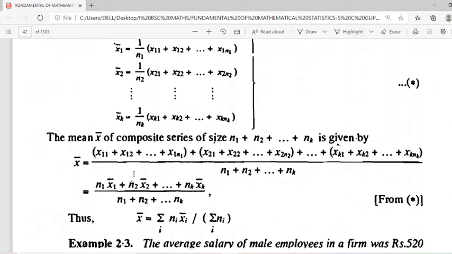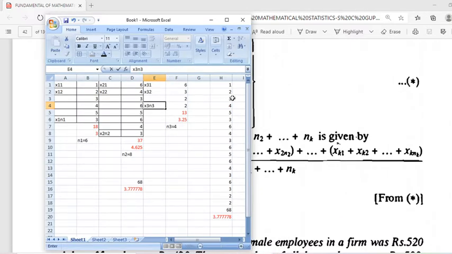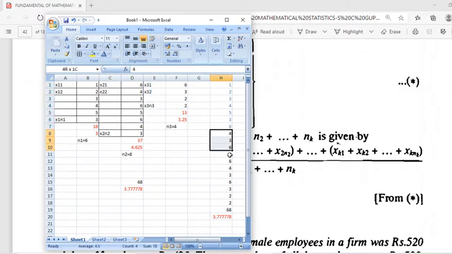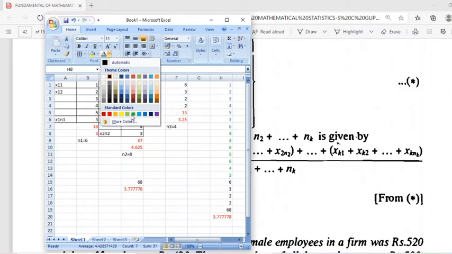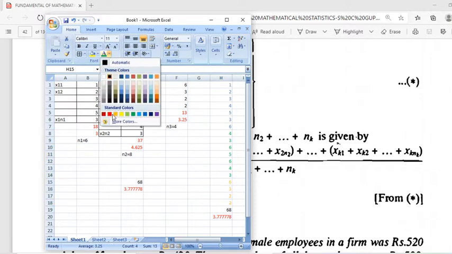Then, as we have represented in this column, first we have taken the first set of observations, then the second set of observations, and at last the third set of observations.